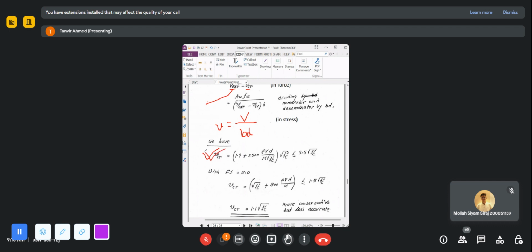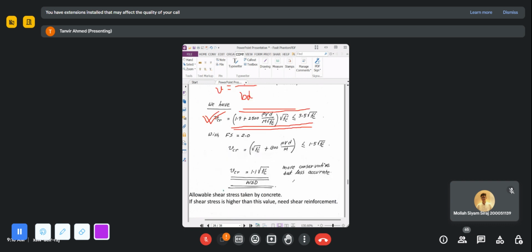Okay, now we already discussed in the last class that the cracking shear stress or the shear strength of the concrete can be represented with these equations. So this is the big equation. Okay, this is the big one. Now for the WSD method, in this equation we have to obviously allow a factor of safety. In case of the WSD method, with the factor of safety, this equation simply becomes this one.